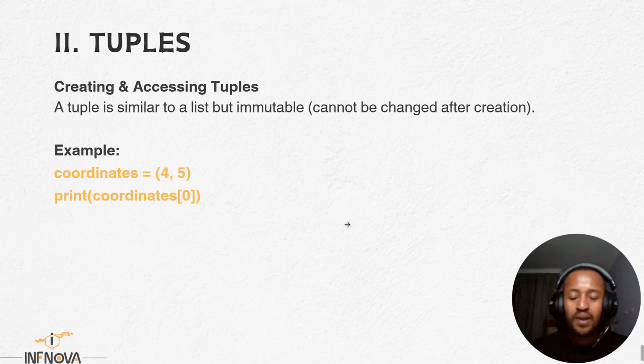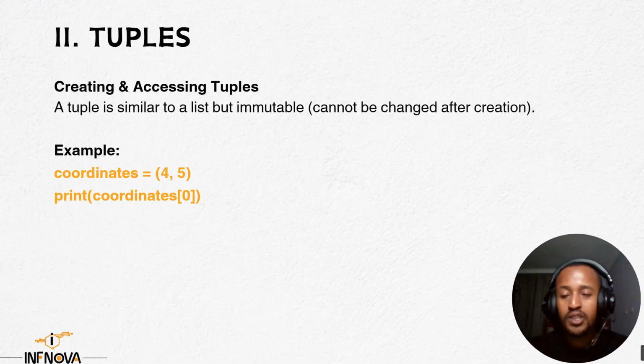All right, the second data collection data type in Python is tuples. So tuples are exactly the same as lists, except the fact that they are immutable. They cannot be changed after they have been created. This could be useful for different scenarios, for example, coordinates.